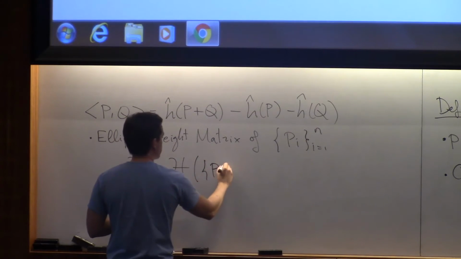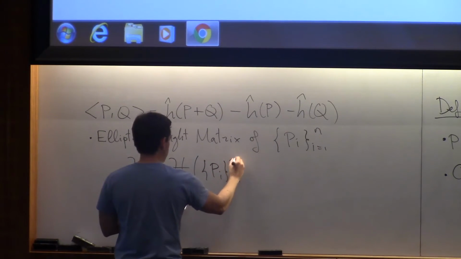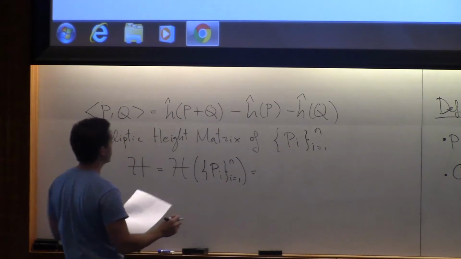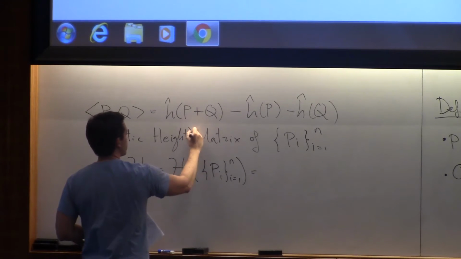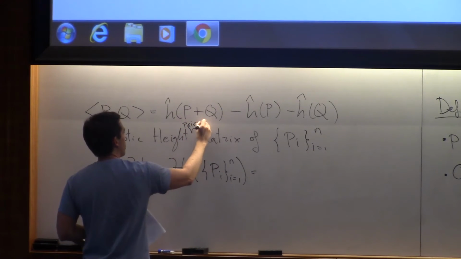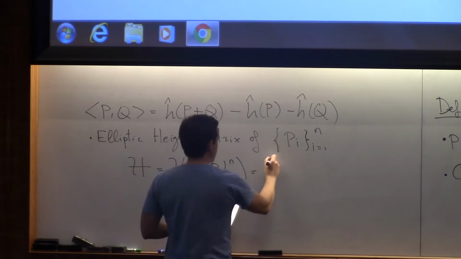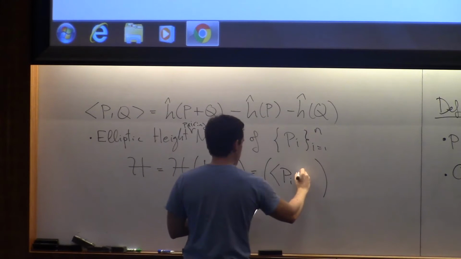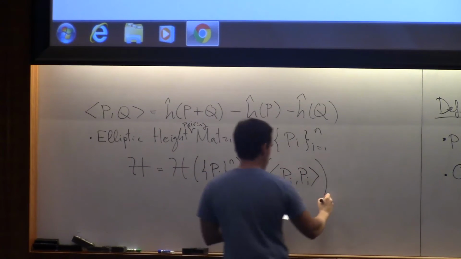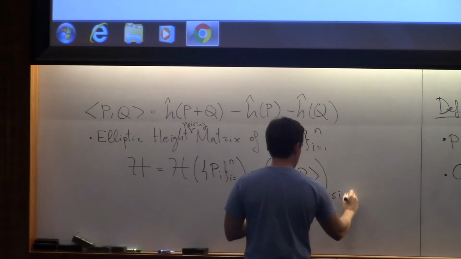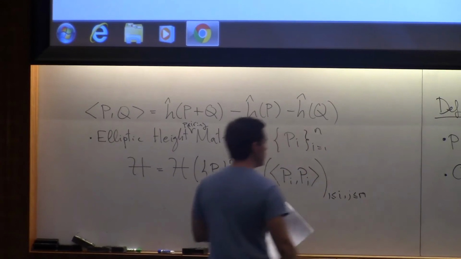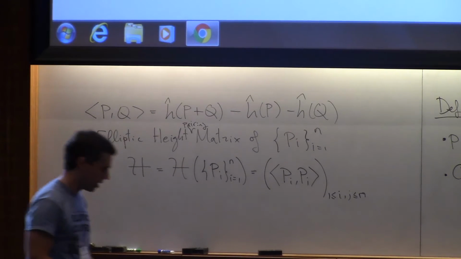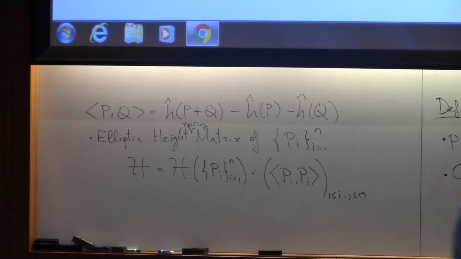So the height matrix, the elliptic height pairing matrix, I define as a matrix whose coordinates are all the possible combinations of the pairing. What is this going to do for us?